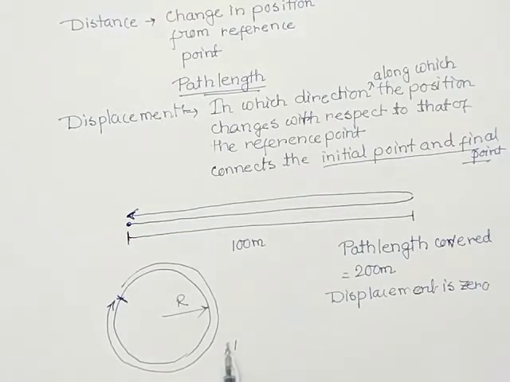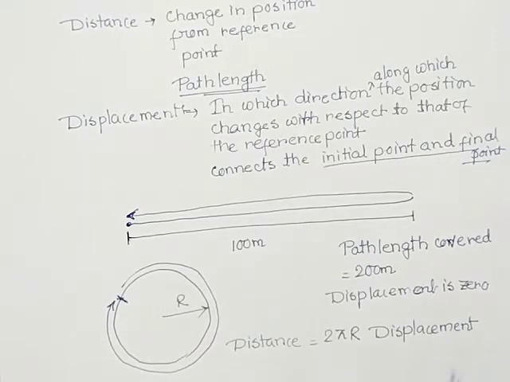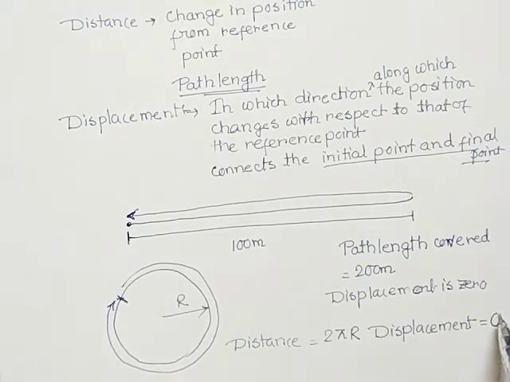So if I am concerned about the distance or the path length, it will be the circumference of the circular track, and that will be 2 pi r. But if I am concerned about the displacement, that is the straight line connecting the initial point and the final point, here also the initial point and the final point is the same point, so again the displacement is 0 here.